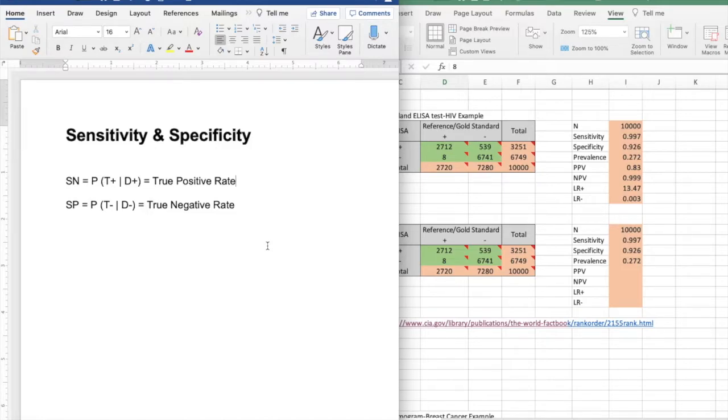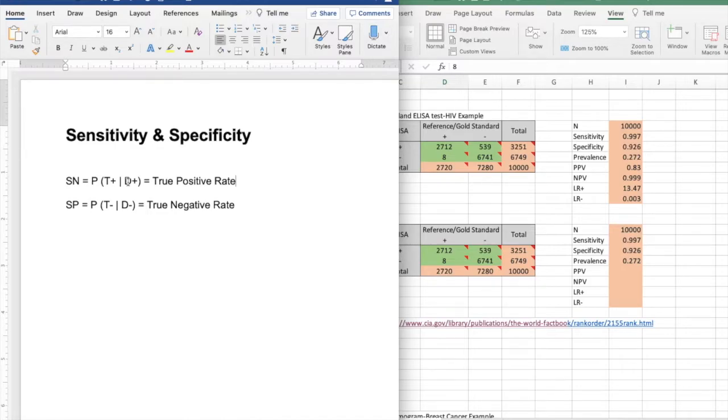And number two is sensitivity and specificity are happening in the opposite order that we have it in clinic. Sensitivity is the probability of a positive test result given that we know they have HIV. But in the clinic, we don't know they have HIV, or we don't know that they have the condition.